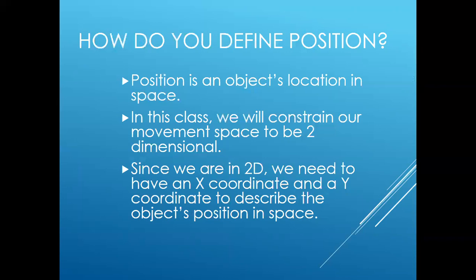If you're on a football field, for example, you can also use the lines on the field. You can say I ran 20 yards from the goal line and I am 15 yards from the left sideline. So in some way, shape, or form, we're always using some type of coordinates to figure out where we are in space so that then we can calculate how far we've moved or tell someone what our position is.